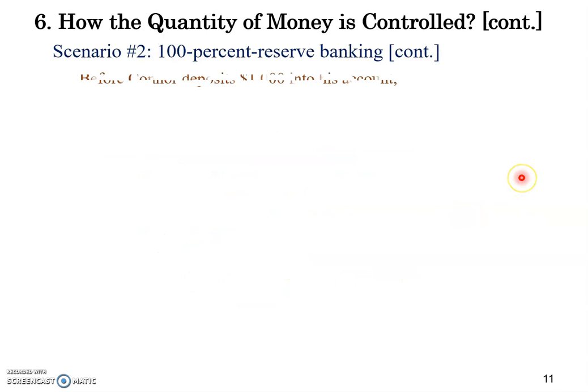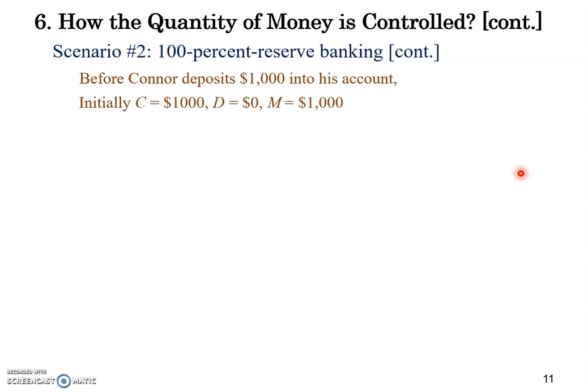Now here, let's talk about this. Before Connor deposited $1,000 into his account, the currency would be $1,000 and the deposit would be 0. So the money supply is $1,000.